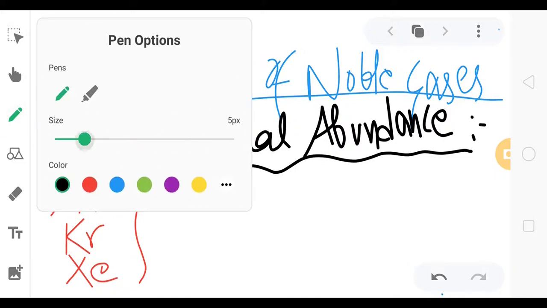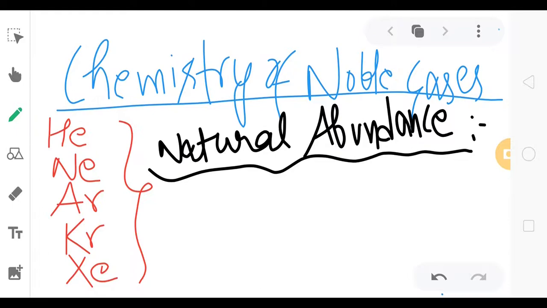So very precisely I will just write the relative order, that you might know or might not. Argon is the most abundant gas in the inert gas family, or say the group 18 family, right?